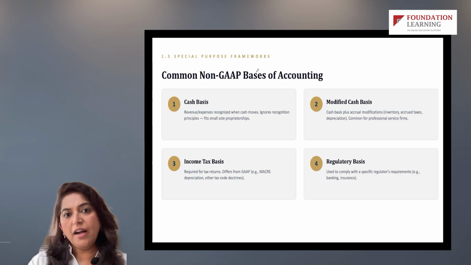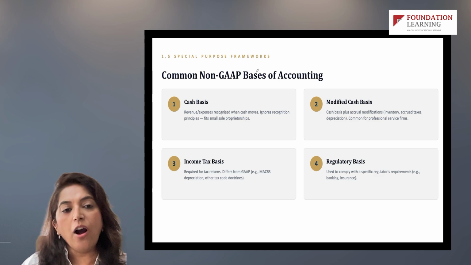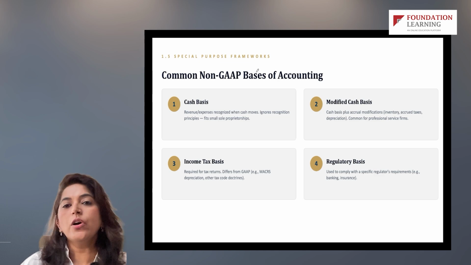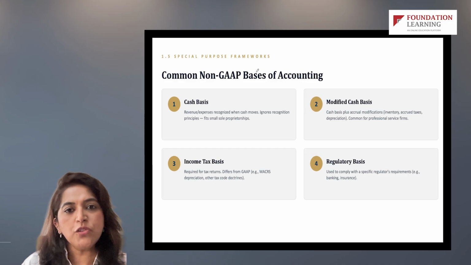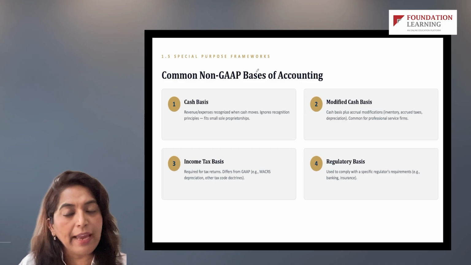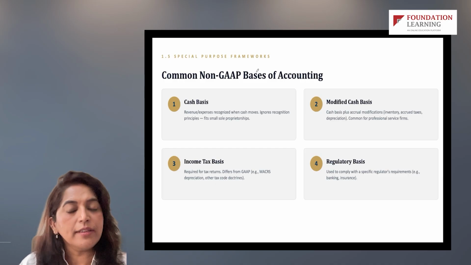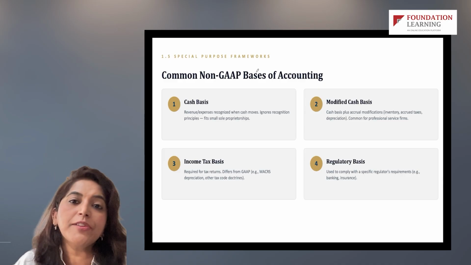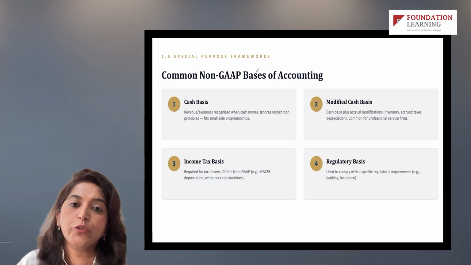Now, a quick recap of certain non-GAAP basis of accounting, right? So when an annual report is issued, it's basically issued using GAAP, right? That's what is acceptable in the US. Now, for the last few years, the SEC has also started to accept IFRS based financials when they are issued, right?